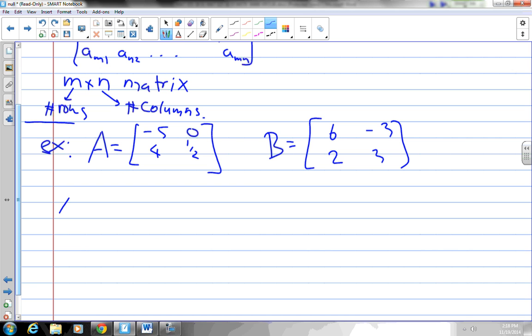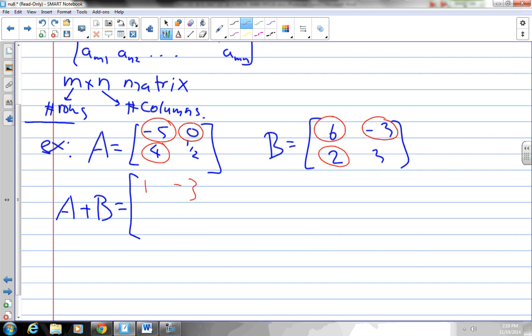So for example, if I ask you what A plus B is, well, you're just adding the corresponding components. So you'll take -5 and add it with a +6, you'll get 1. You'll take 0 and add it with -3, you'll get -3. You'll take 4 and add it with a 2, you'll get a 6.